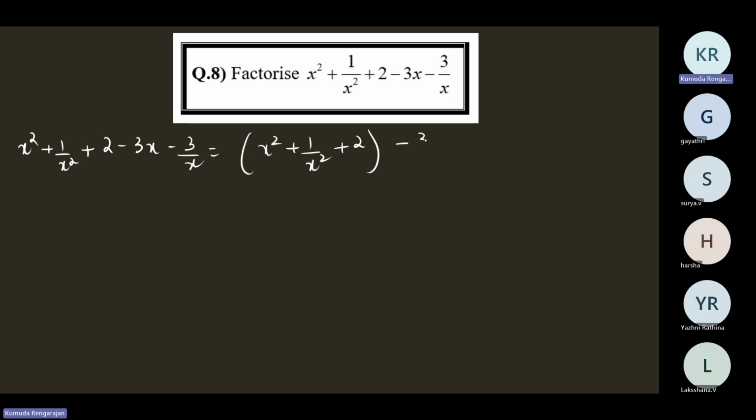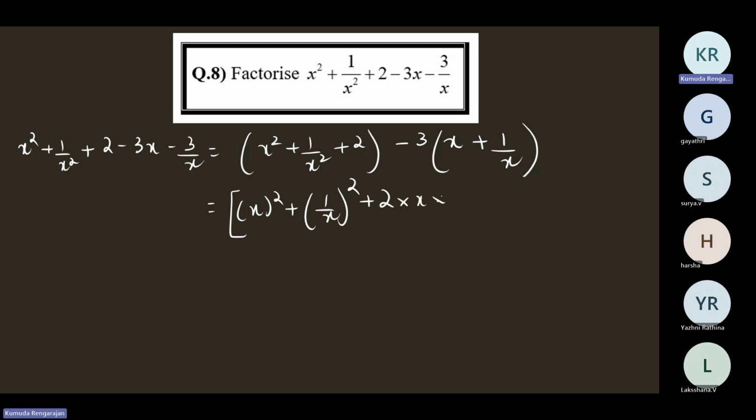If you want, you can take out 3 common now itself. So you'll have x minus 3 into x is minus 3x, minus into plus is minus 1 by x. This is the first step. Now present this in the form a the whole square plus b the whole square plus 2 into a into b, minus 3 into x plus 1 by x.